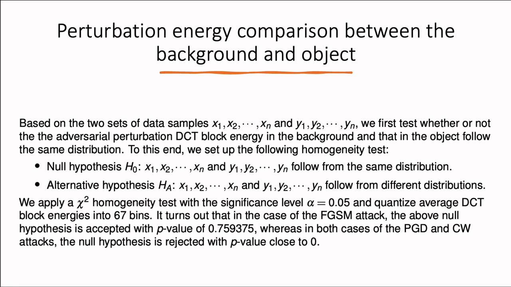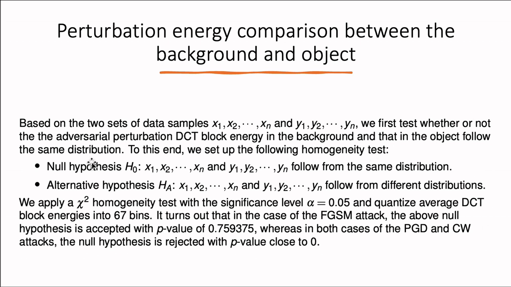To calculate the perturbation energy, we square all coefficients and sum over the 8x8 block, and then we average over all blocks for one image. We first test whether or not the adversarial perturbation DCT block energy in the background and in the object follows the same distribution by setting up a homogeneity test.